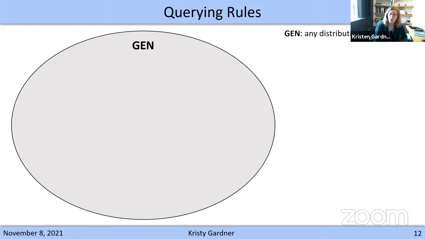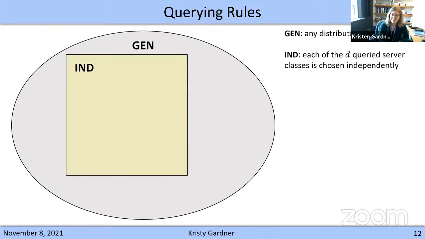Within GEN, we have many subfamilies of querying rules that restrict the kinds of distributions over our query mixes that we're allowed to consider. So our IND class says that each of the D queried server classes is chosen independently. Every time we're going to choose one of our D servers, we roll a die, and we might roll a different die, different numbers on the sides of the die for different servers in our query.